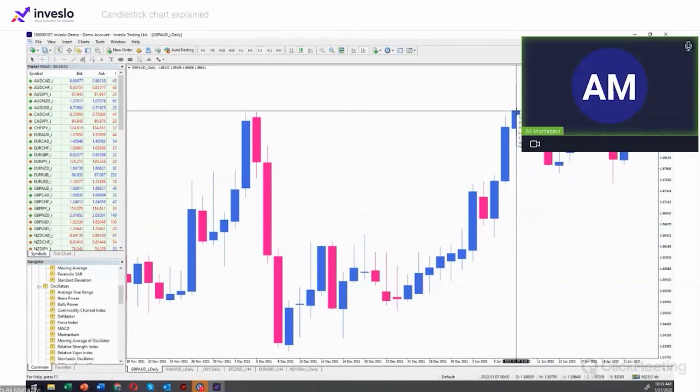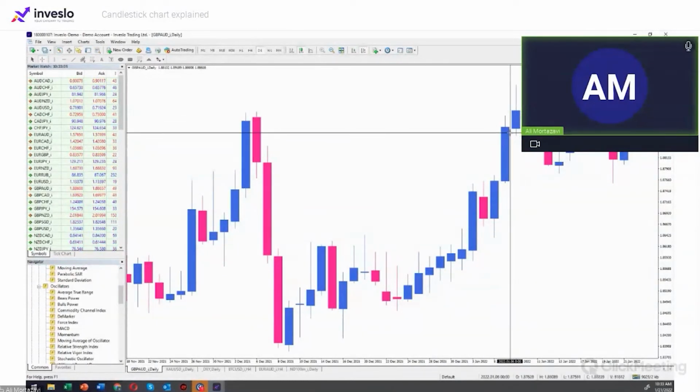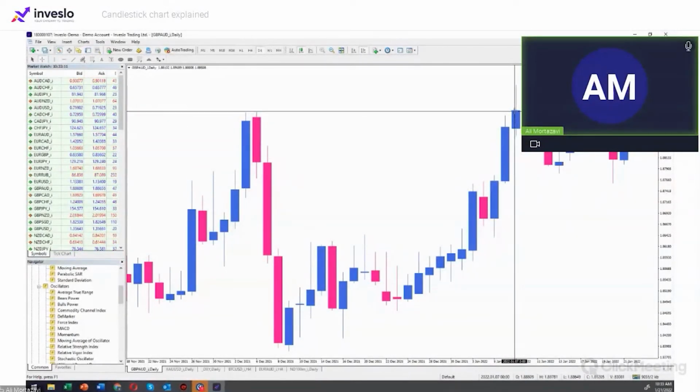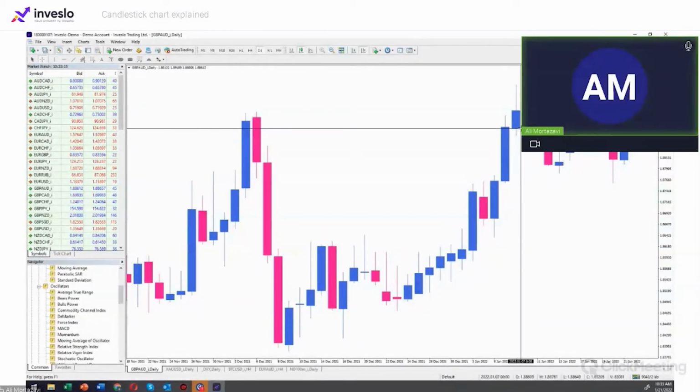It shows the exhaustion of buyers, because you see here we have a very long body and then we have a shorter body, which means when prices open at this level, buyers didn't have enough strength to push prices too high, far from the open price.